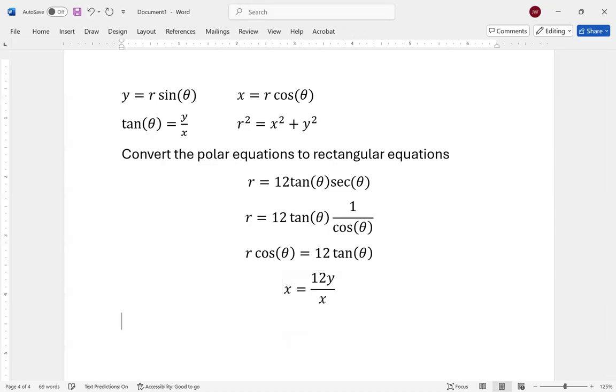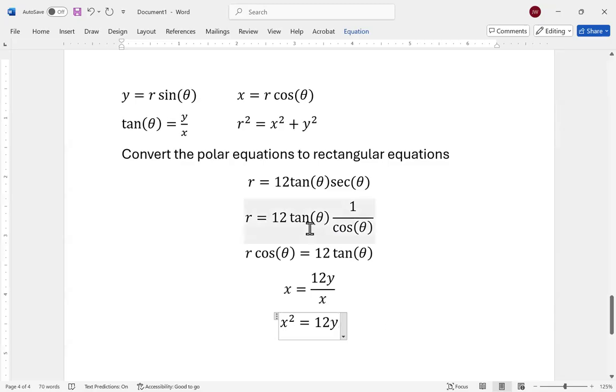And then if we wanted to, we could multiply both sides by x and get x squared is equal to 12 times y. Obviously, that's a parabola. We kind of did the reverse earlier, although with a different coefficient out front. We did a very similar thing earlier.